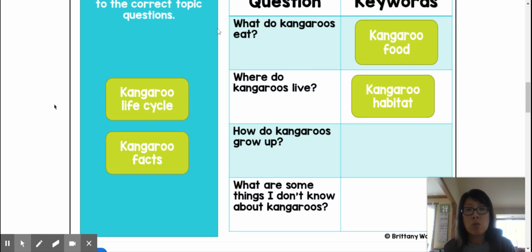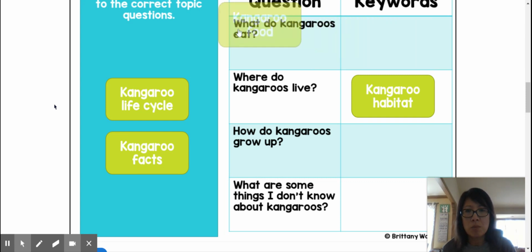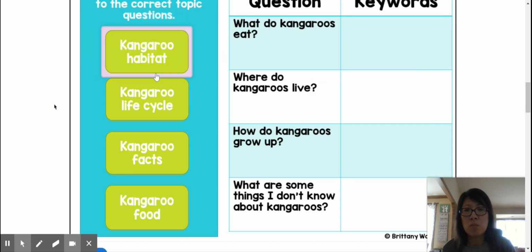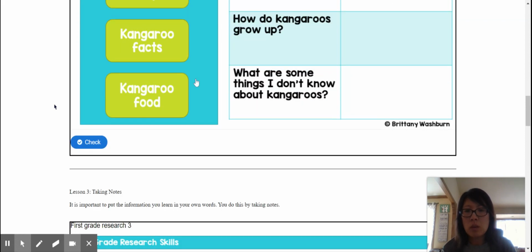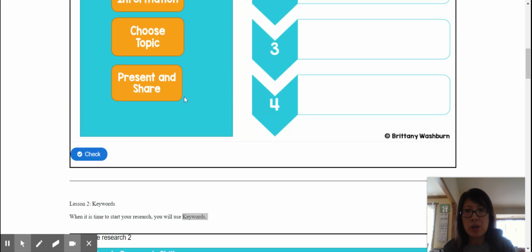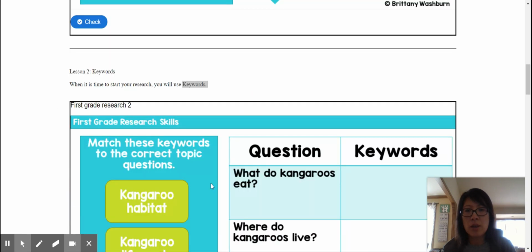I'm actually not going to complete this activity for you, because I want you to be able to do some of this on your own. Okay, so I'm going to again reset my game board so that when you go in, you can do this activity on your own. And then that's actually all we're going to do for this week. We're going to do 2 slides.